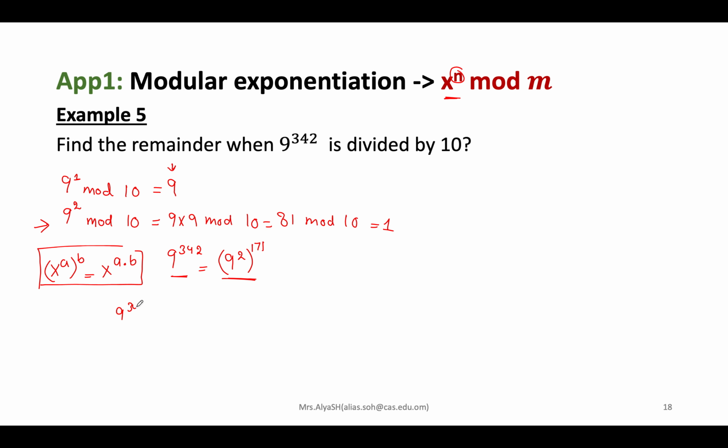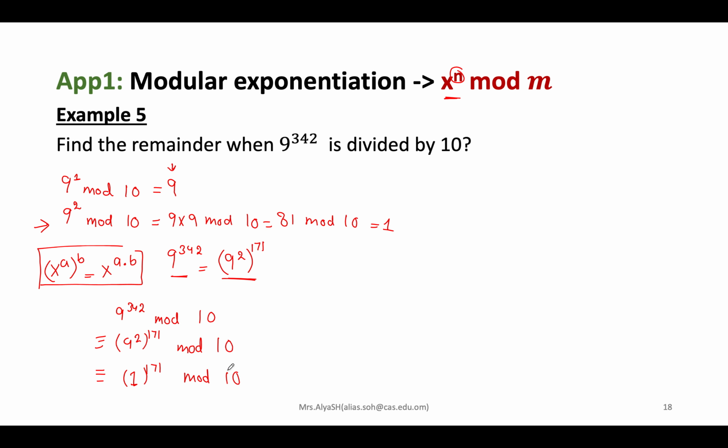So 9 to power 342 mod 10 is congruent to 9 squared to power 171 mod 10, and this equals 1 to power 171 mod 10.